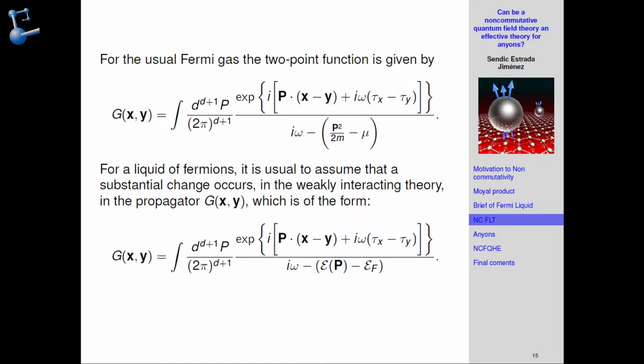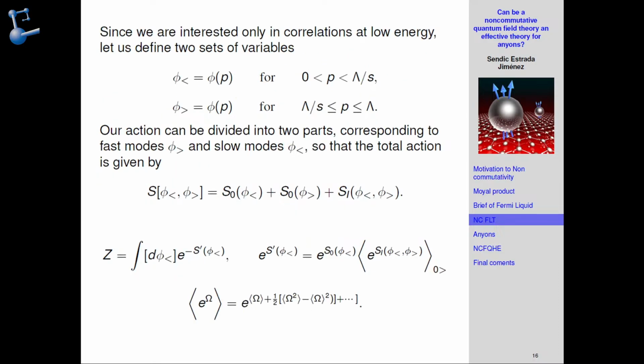For the usual Fermi gas, the 2-point function is given by this Green function, and the principal modification for the Fermi liquid is a change in the kinetic energy. Since we are interested only in the correlation at low energy, let us define two sets of variables, called slow mode and fast mode.